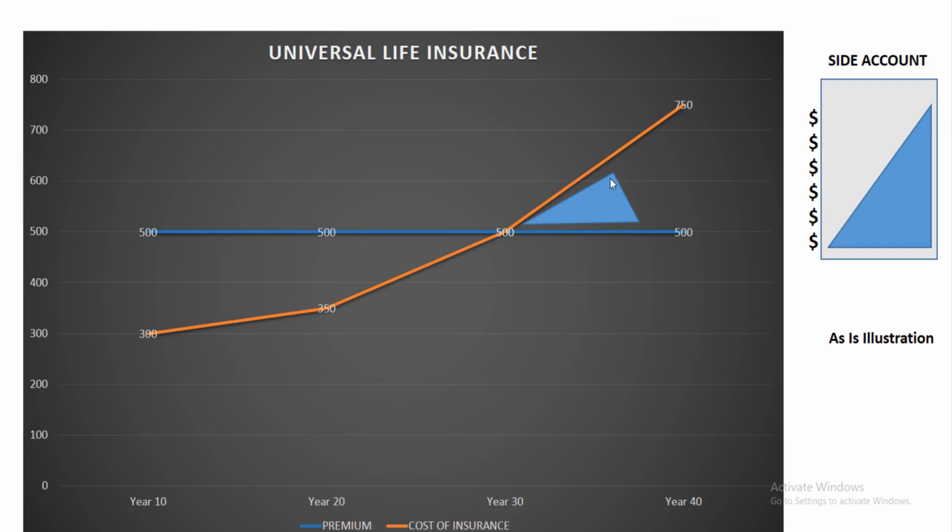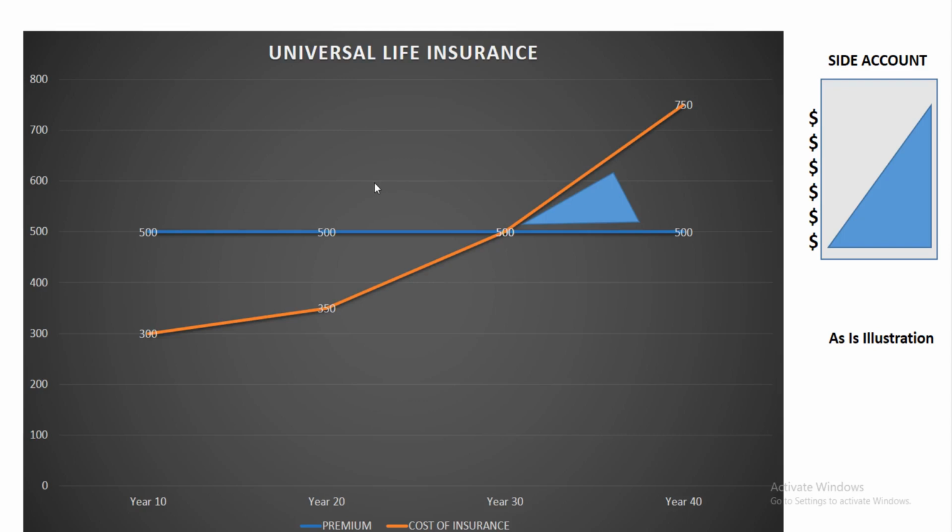So now the cost of insurance will be equal to the premium at, let's say, year 35, so that you have more in your side account, and you avoid that moment, or at least delay the year that it is going to occur.